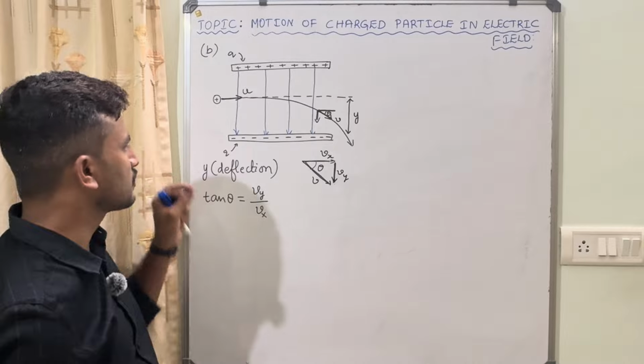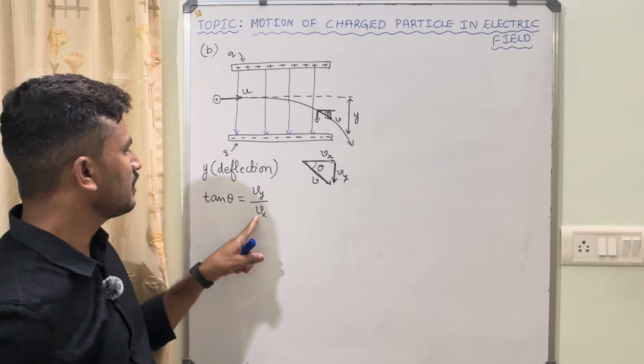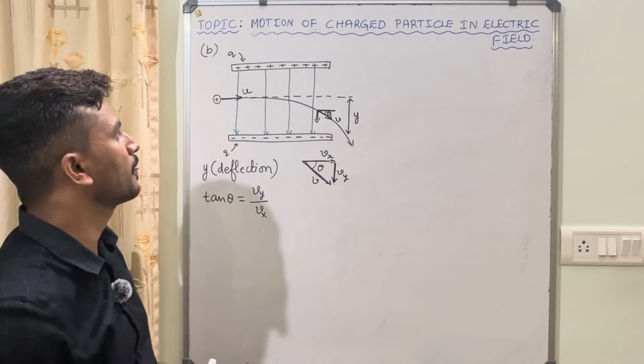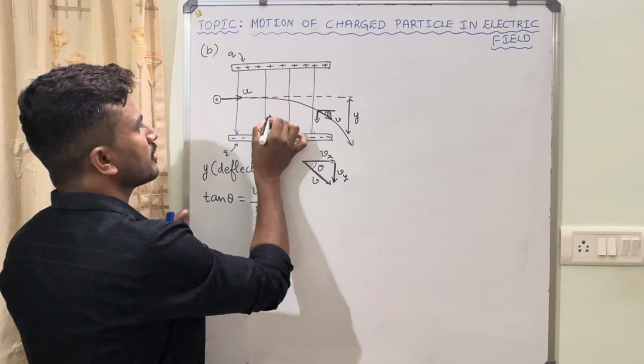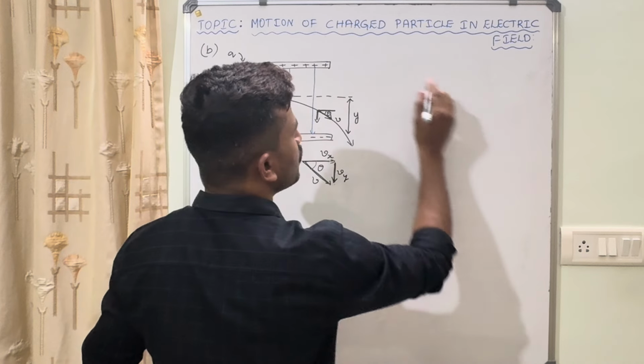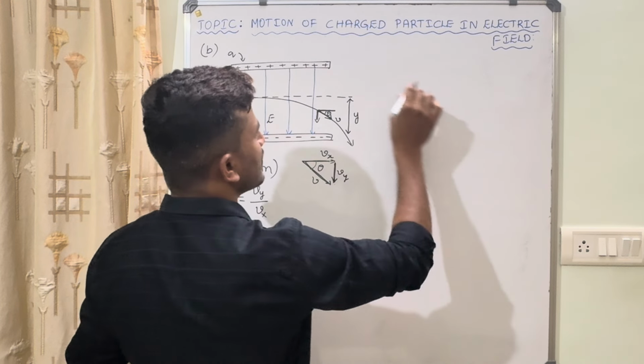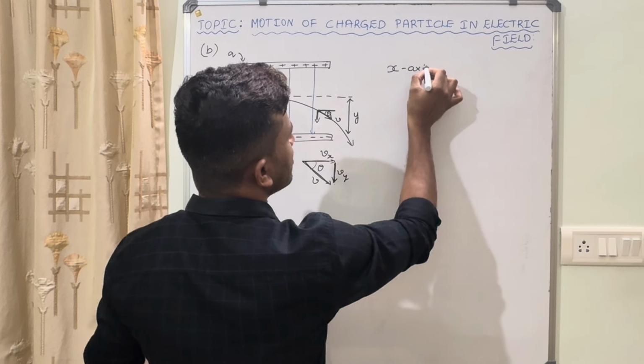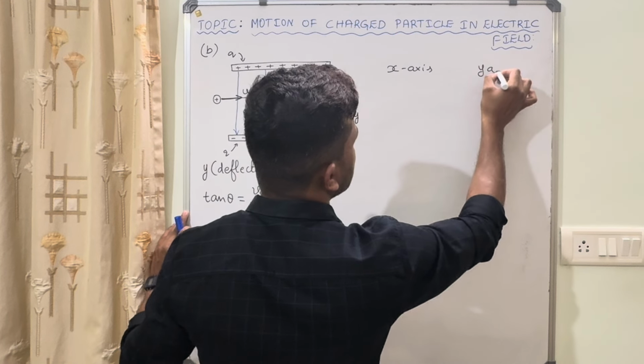I need to derive an expression for y, Vy and Vx. Shall we do it? Yes sir. So for the electric field, I will divide this into two parts: one along the x-axis and one along the y-axis.